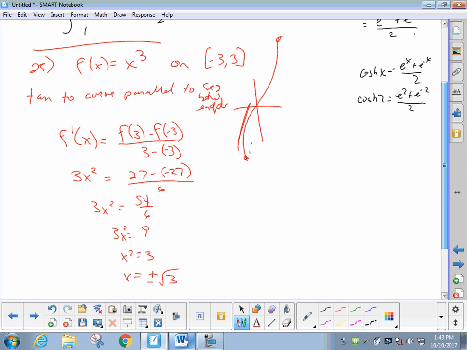Because there are 2 places, the y values are found by plugging in the 2 points on the curve. If it's x cubed, then root 3 cubed would be root 3 times root 3 times root 3, x to the 3 halves.